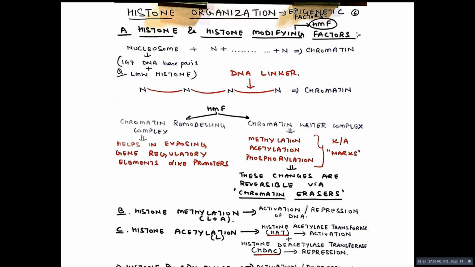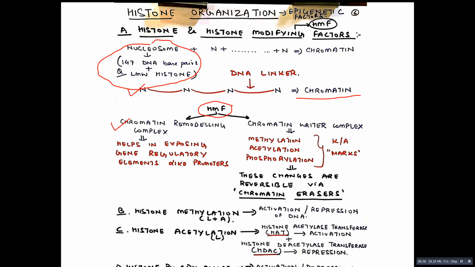Now, as we see, multiple nucleosomes are linked by a DNA linker to form a chromatin, and each nucleosome is made up of 147 DNA base pairs plus low molecular weight histone. HMF stands for histone modifying factors. These are the chromatin remodeling complex and the chromatin writer complex.